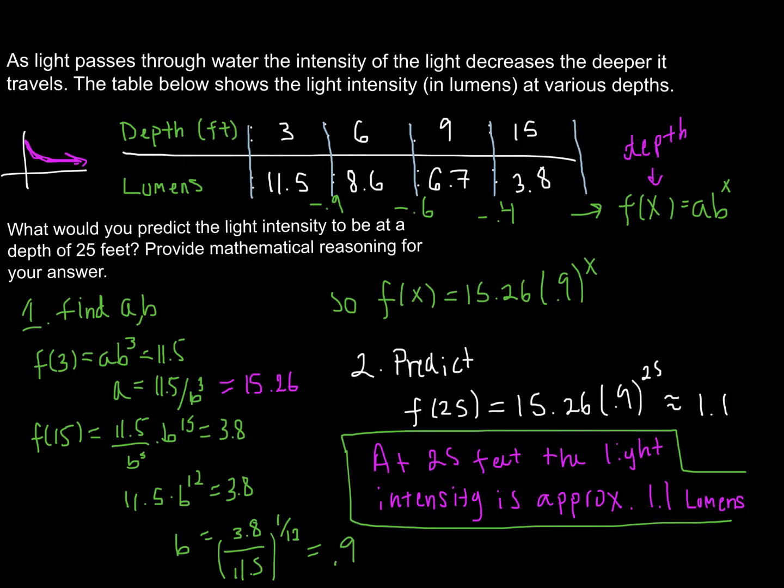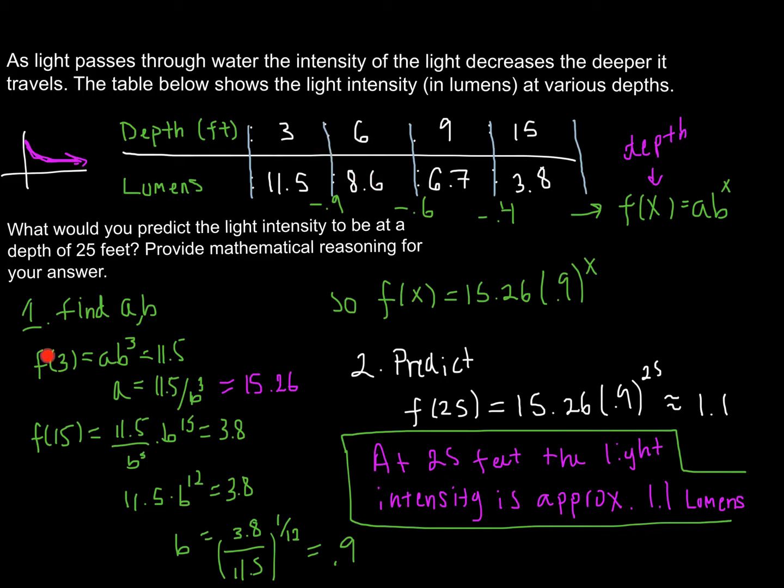Now here's where you have a lot of choice. You can use any of these two values to fit your function. You know that when you plug one of these points in to find a or b, you're forcing your function to go through that particular point. So if you use the first two values, you're making sure that your function will go through these 2 points.